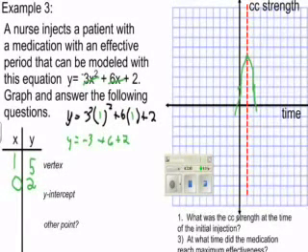What was the strength at the time of the initial injection? Well, if this is your time axis at 0 at the initial injection, the strength was at 2 cc's. What time did the medication reach the maximal effectiveness? Well, that would be on the vertex here, so 2 seconds or 2 minutes or 2 hours, whatever that represents. At where t equals 2, the medication reached its maximum effectiveness.